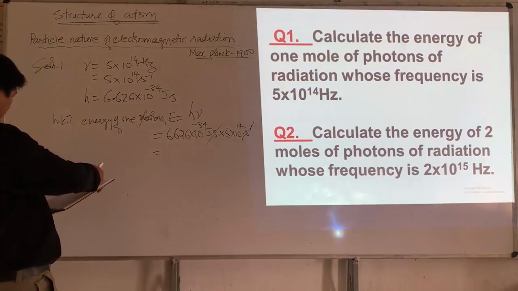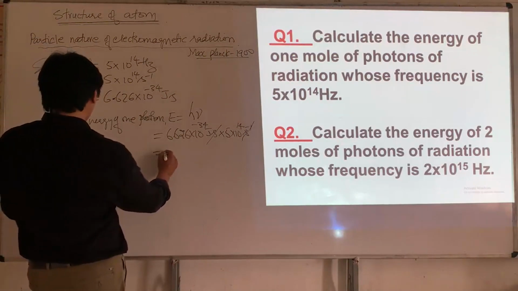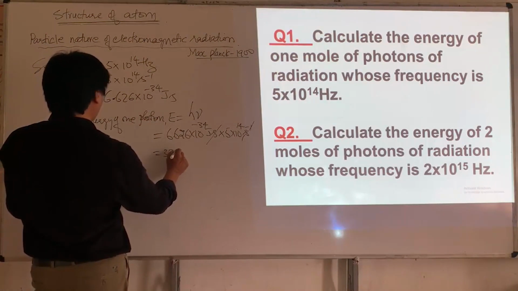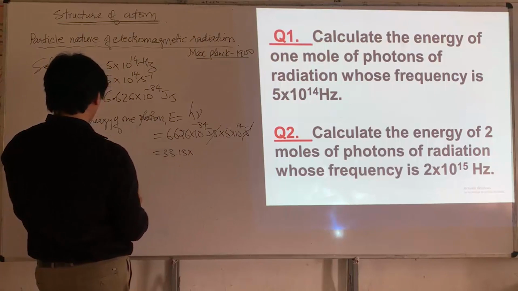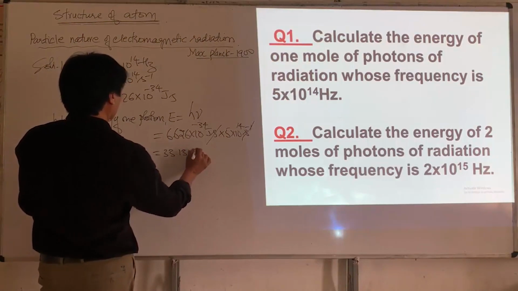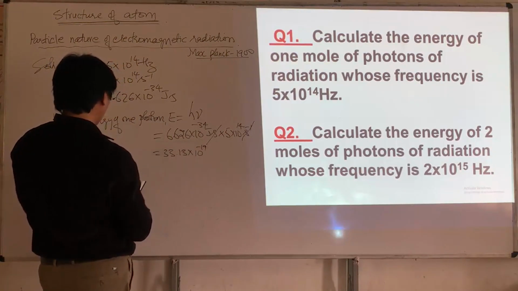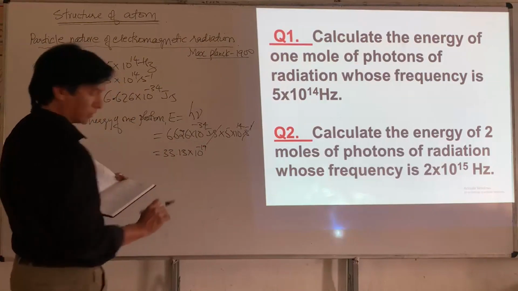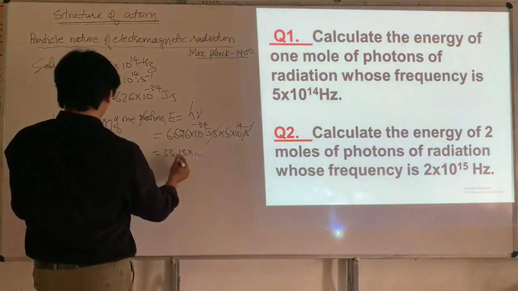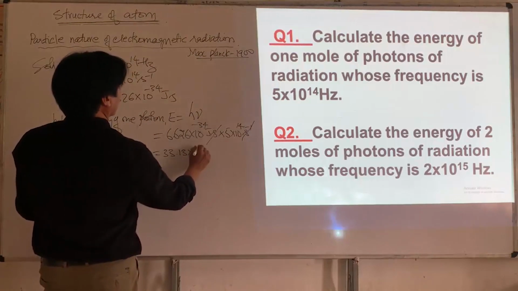The answer here turns out to be 33.13 × 10^-20, sorry, it is negative, not 19. So 33.13 × 10^-20.